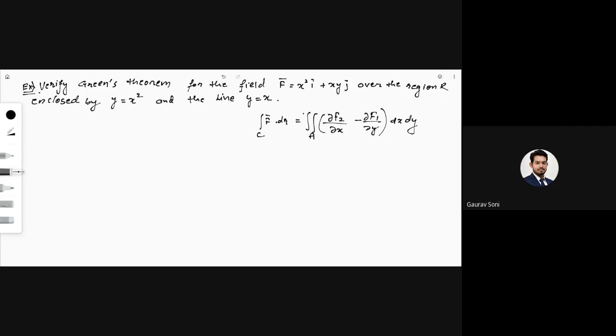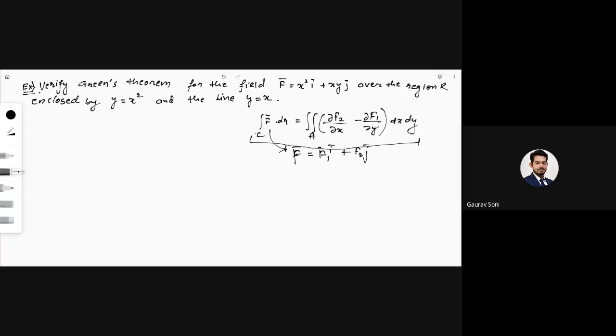This is what I'm making that theorem, aligning it with the things that I have been using so far. I'm writing f bar as f1 i bar plus f2 j bar. This is how I'm writing f bar throughout the chapter. So we have aligned Green's theorem with that. So this is what I have to verify.